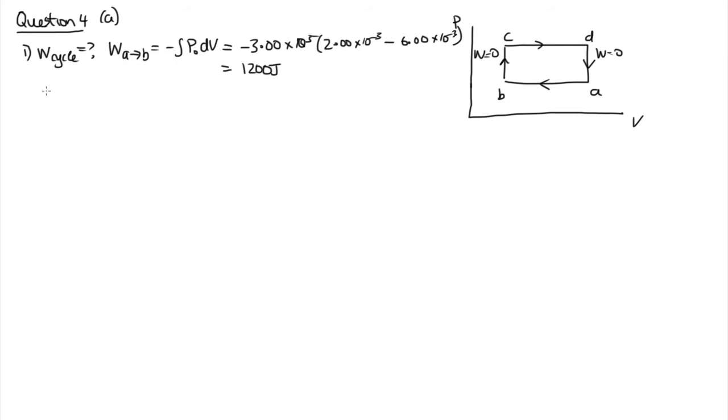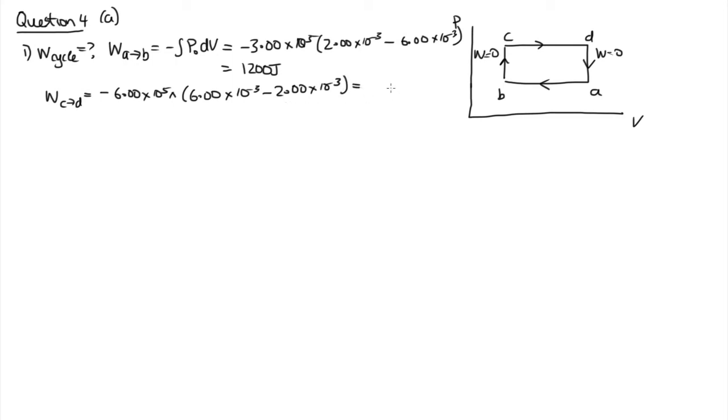Okay, now the work done from C to D is equal to minus P dot dV, and the pressure at point C and D is 6.00 times 10 to the 5, and then we do times the change in volume. So the final volume is equal to 6.00 times 10 to the minus 3, and the initial volume is 2.00 times 10 to the minus 3.